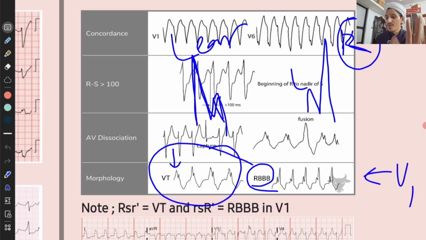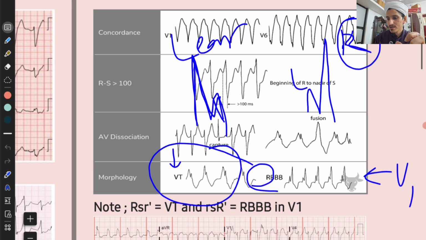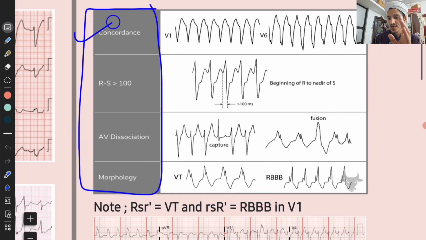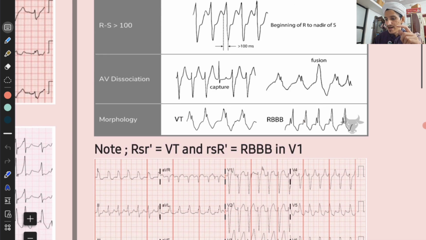So these are the hallmark features of ventricular tachycardia, 4 features: concordance, R to S more than 100, AV dissociation with capture beat and fusion beat, and morphology in V1. Four things you remember about ventricular tachycardia. Note the same thing here with the RSR dash pattern. Just remember left ear and right ear. Left ear taller than right ear, that is VT.